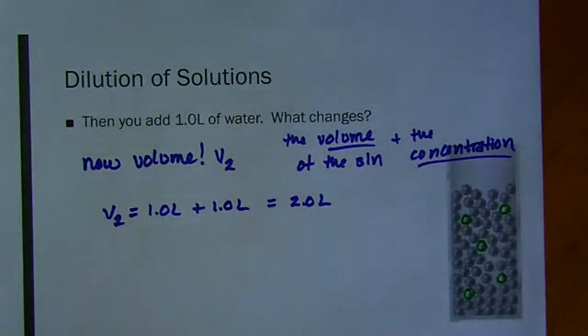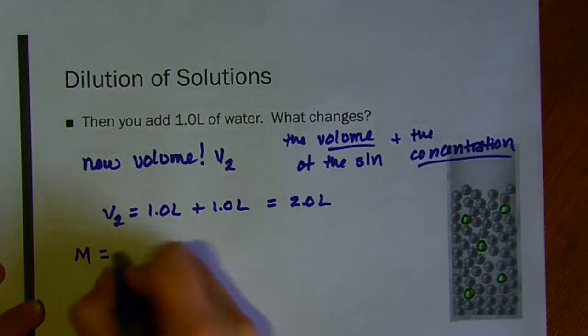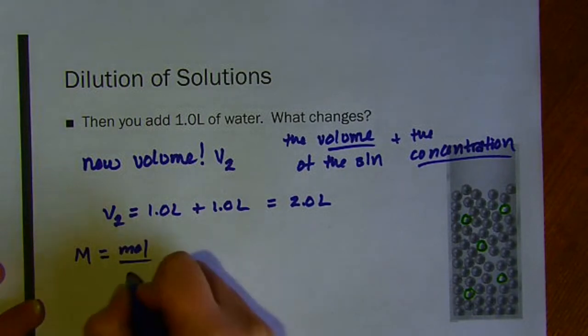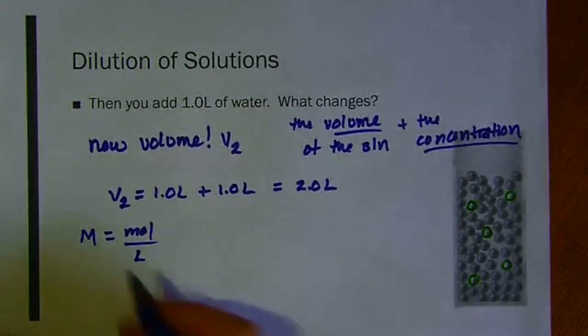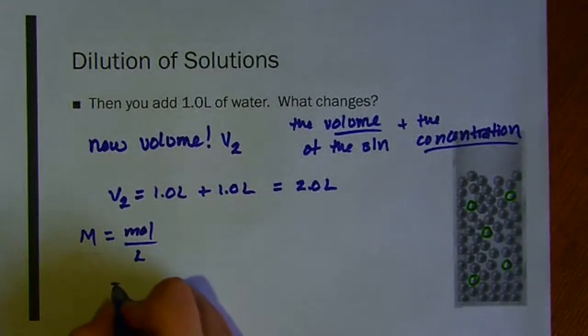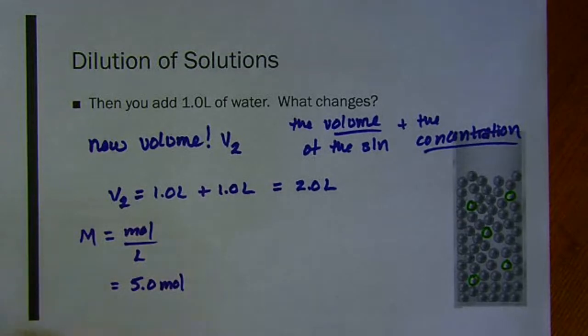So let's find our new concentration. Let's find our new molarity. Molarity is always going to be moles per liter of solution. We still have 5 moles of our solute.